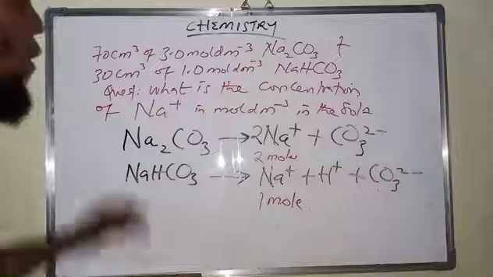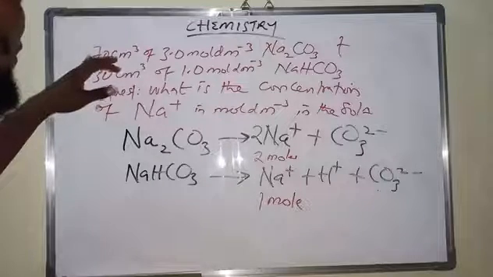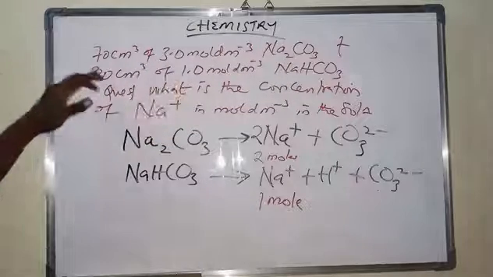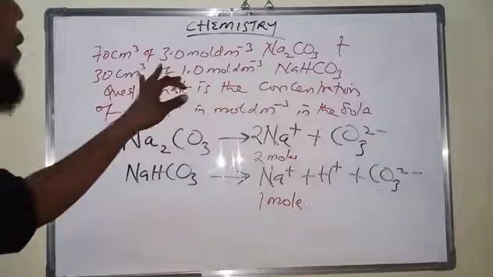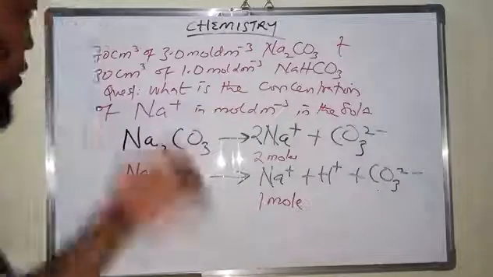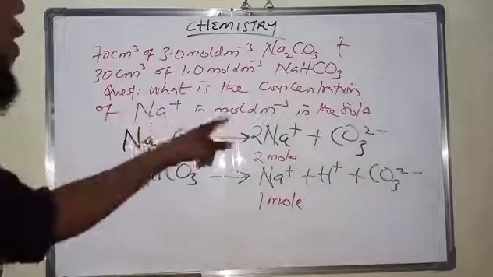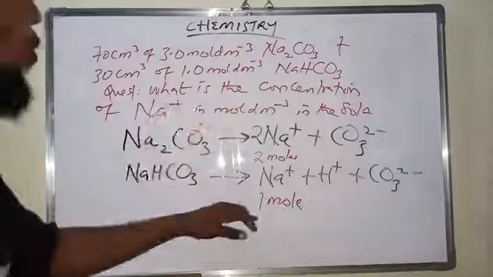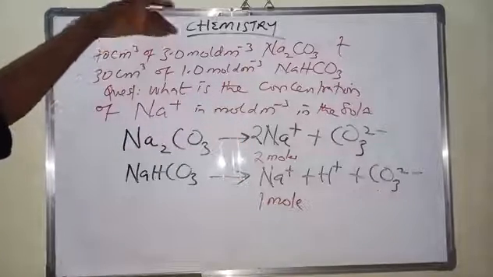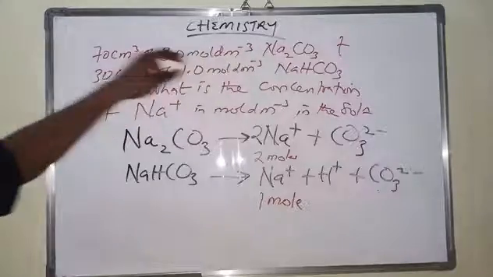So stoichiometrically, but the question gives us 70 centimeter cube of this with this concentration, and 30 centimeter cube of this with this concentration. So what we'll need now, to determine the concentration of sodium ion, is to find out how many moles of sodium ions are present in the 3.0 mole per dm cube solution.